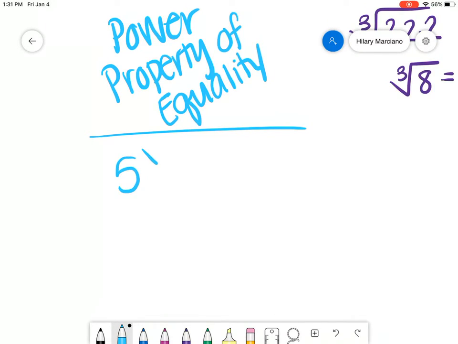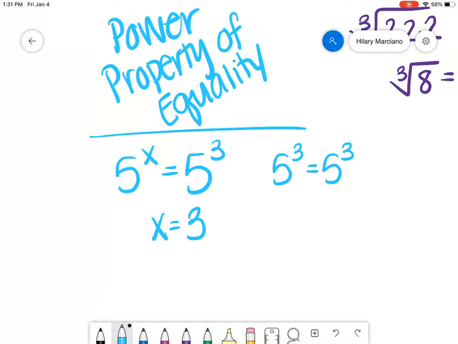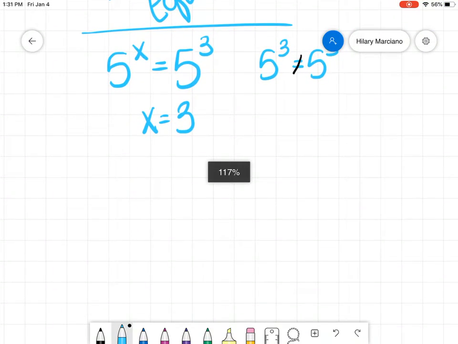So if we have 5 to the x equals 5 to the 3, our x equals 3. Because the only way this is true is if 5 to the 3rd equals 5 to the 3rd, because we have this equal sign between it, and that's the only statement that's true. If we had any other number for x, then it would not equal each other. So we have x equals 3.